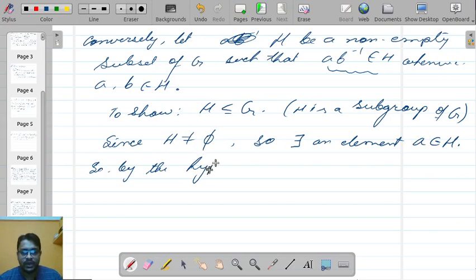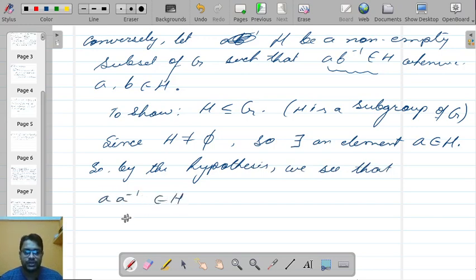So by the hypothesis, we see that A A inverse belongs to H, right? A A inverse is an element of H. But what is A A inverse? A A inverse is the identity in G, because A is an element of G only.